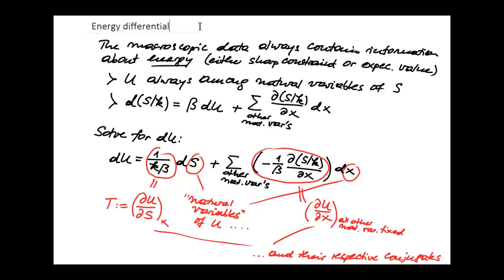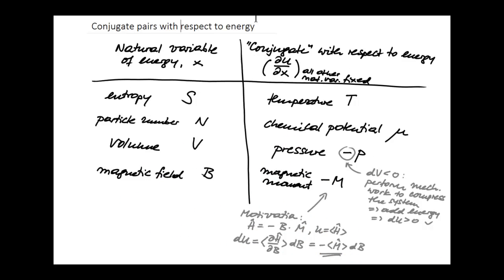So if you are given the conjugate with respect to energy, the dU over dx, and we have that in our list, then you can calculate from that the dS over dx, so the conjugate with respect to entropy, simply by multiplying with minus beta. Now for the particle number, the conjugate with respect to energy was the chemical potential mu. This implies that the conjugate with respect to entropy will be minus beta mu.